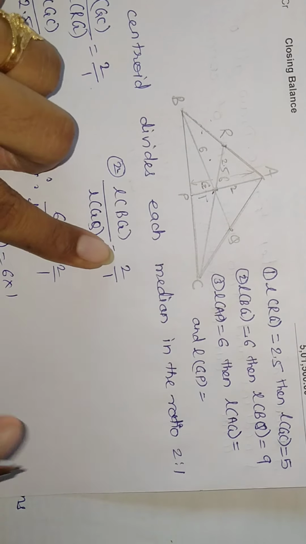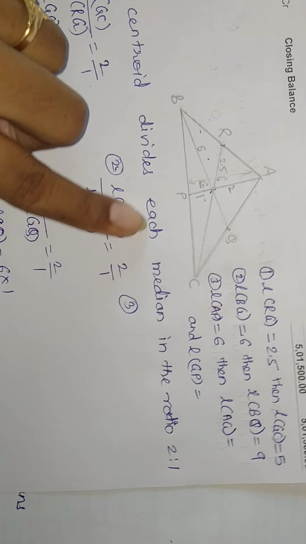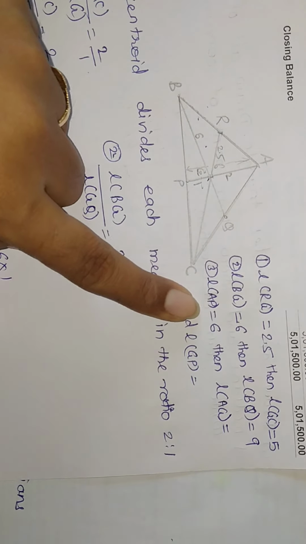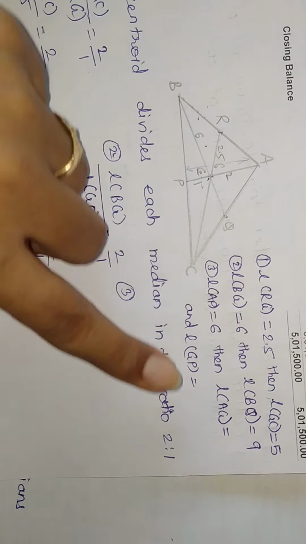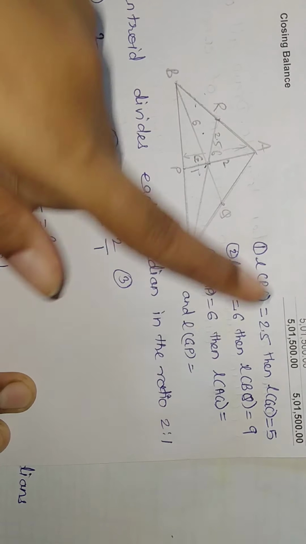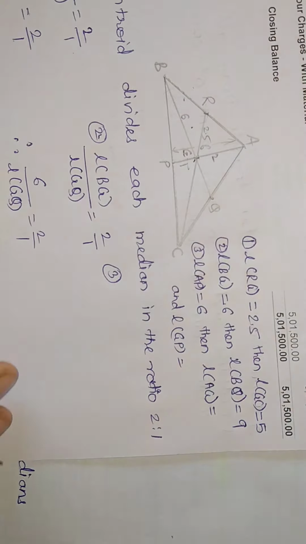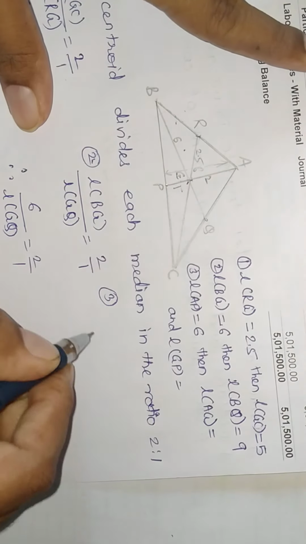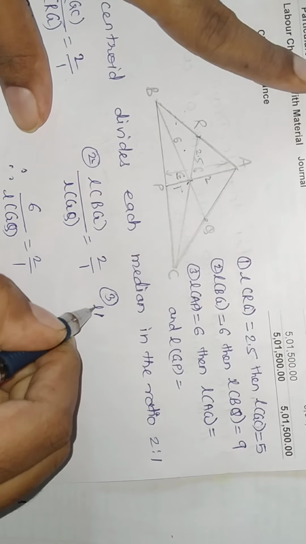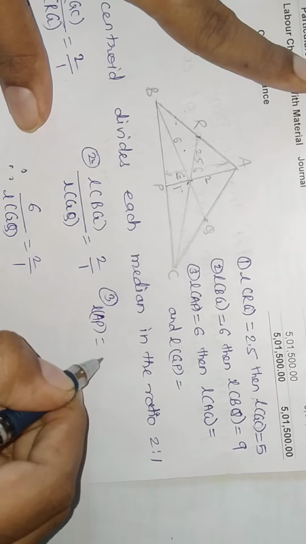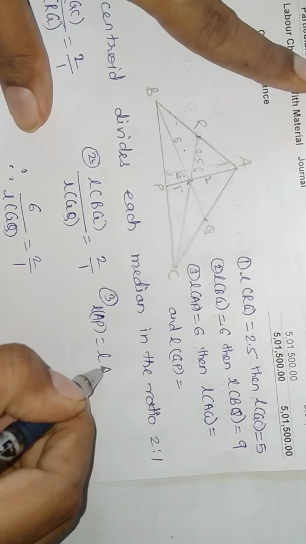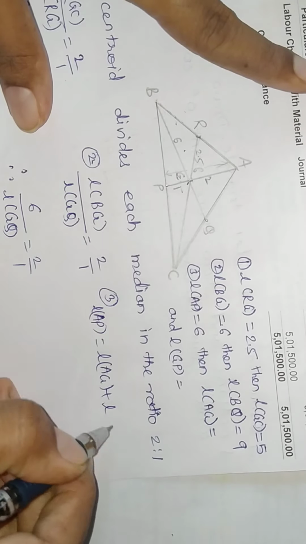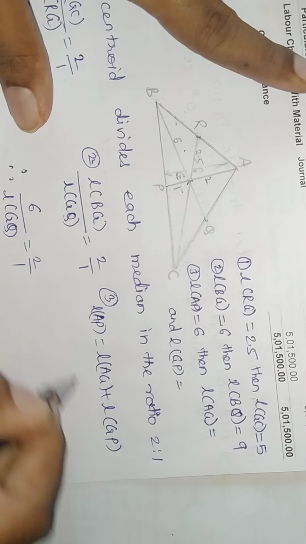Now next one, third one. Length of AP is given 6 centimeters. Then you have to find out length of AG. Now see, length of AP is equal to length of AG plus length of GP.